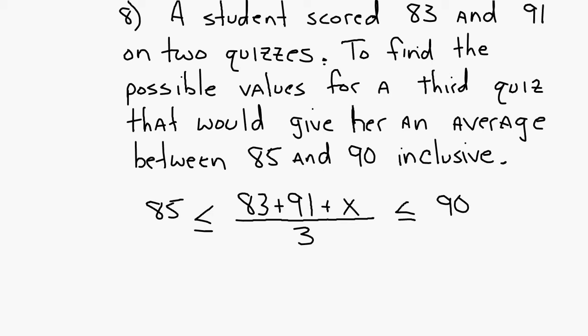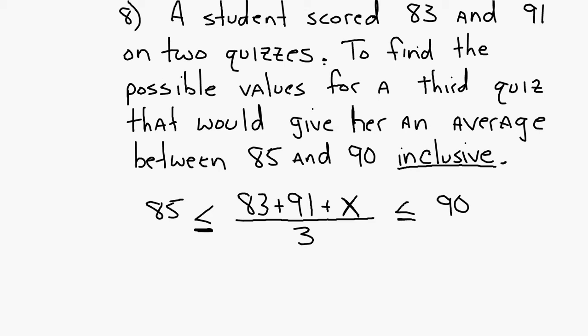And it's or equal to because of this word inclusive. So it's the 2 scores that she has plus a potential third score divided by 3. You're going to make that greater than or equal to 85, and less than or equal to 90. So she's trying to figure out what she's got to get on the last quiz to have a B average, a high B average.